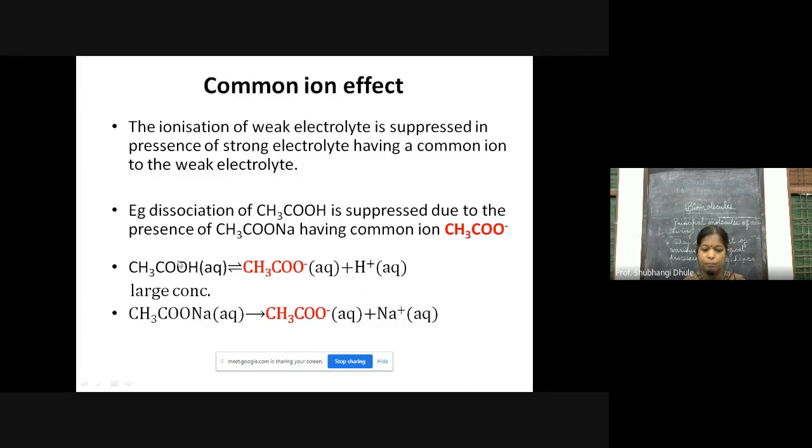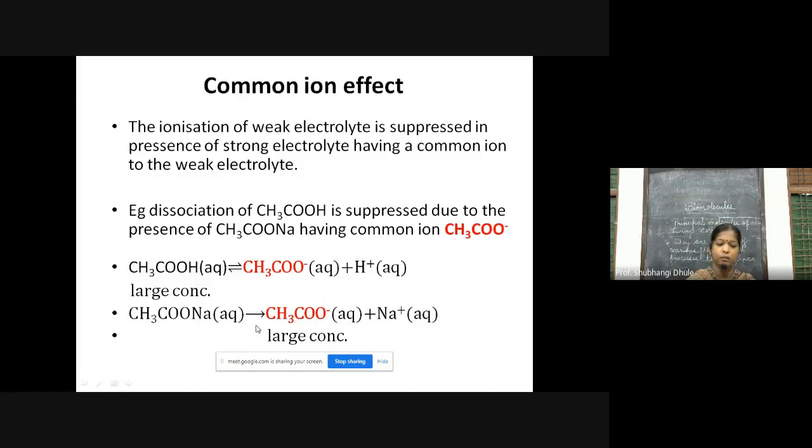Most of the acetic acid remains as undissociated molecules in large concentration. The acetate ions are also in large concentration, because sodium acetate completely dissociates to give Na plus ions and a large concentration of acetate ions.